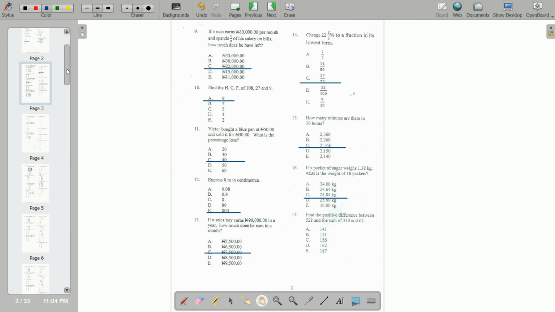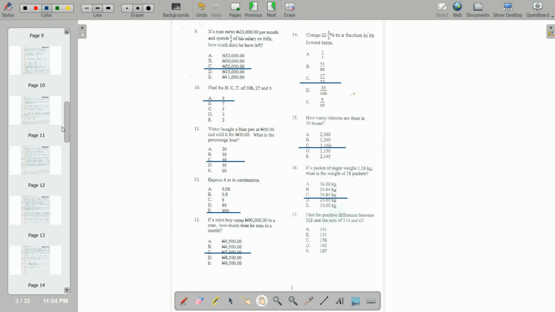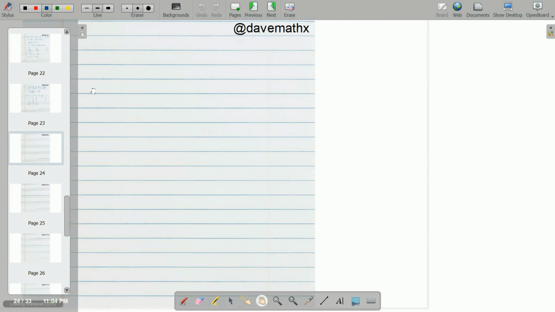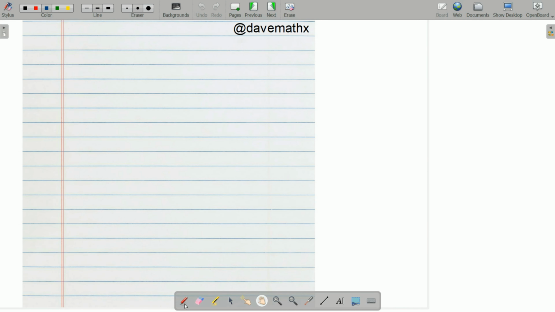Next up is question 17. We are to find the positive difference between 528 and the sum of 310 and 67.